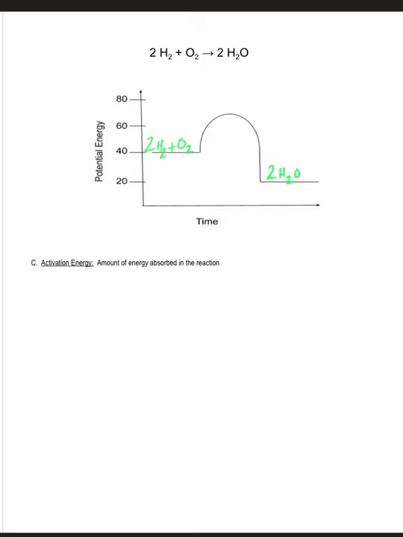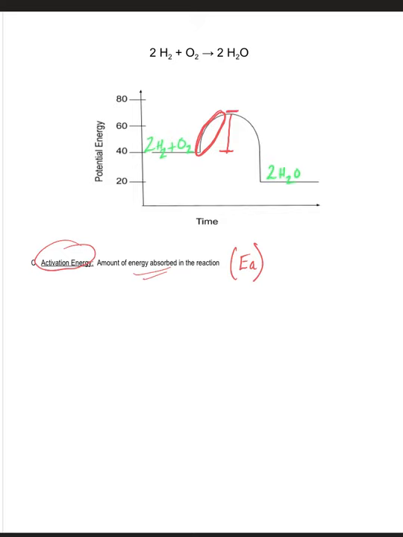Okay, next we're going to talk about a very important term, and that term is called activation energy, and it is abbreviated or symbolized with an E subscript A. That means energy of activation or activation energy, and it's the amount of energy absorbed in the particular reaction. That amount of energy absorbed is signified by that distance, or in other words, it is the distance from the peak of a potential energy diagram to where the reactants initially started, or the potential energy of those reactants.